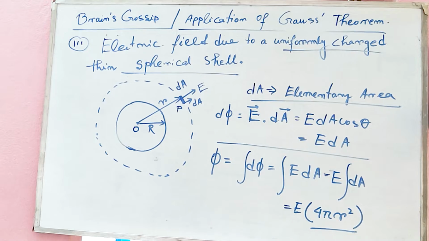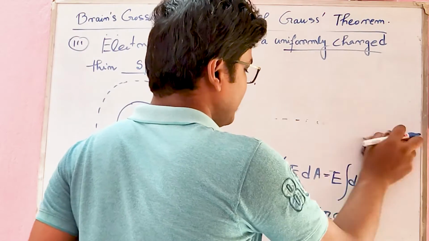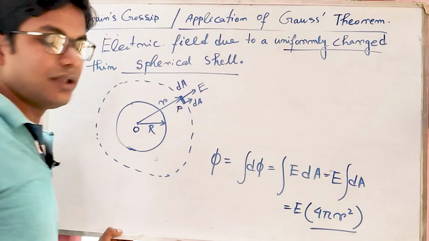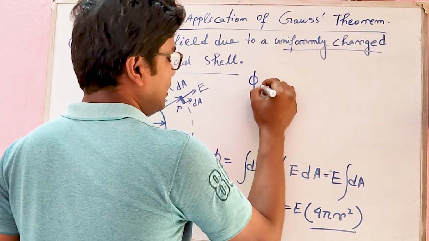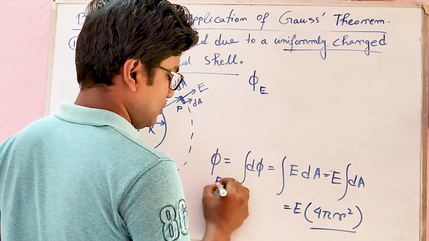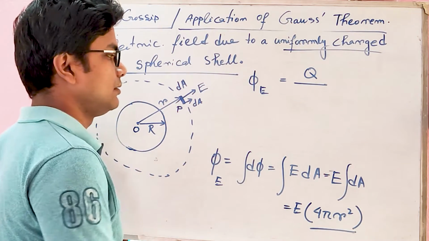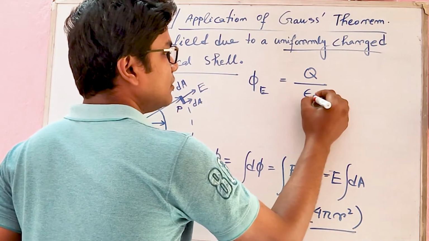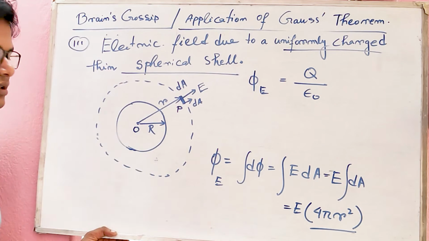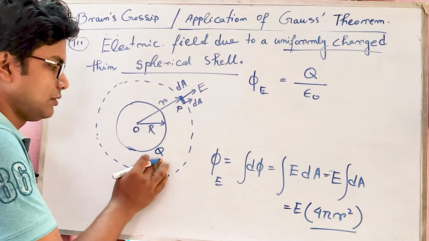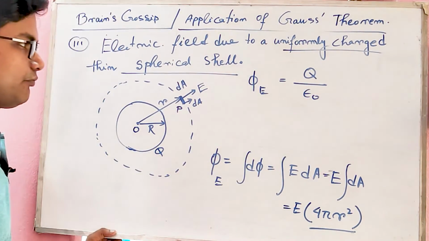Now here we apply Gauss's theorem in order to find the electric field E. According to Gauss's theorem, total flux phi E equals the total charge enclosed by the surface divided by epsilon naught. So if the total charge of the sphere is Q, then phi E equals Q by epsilon naught.